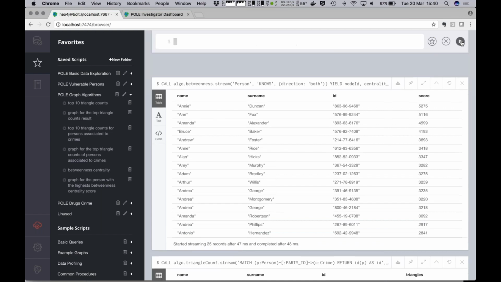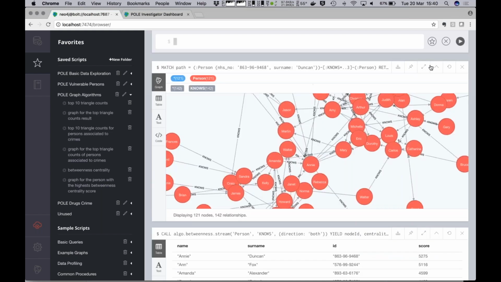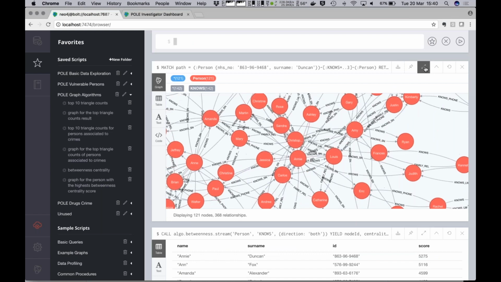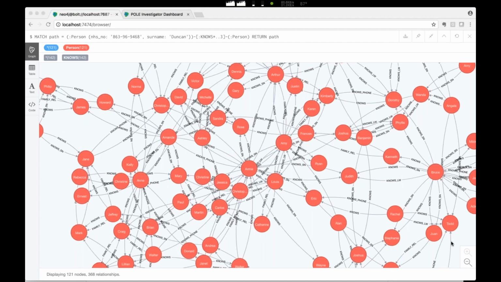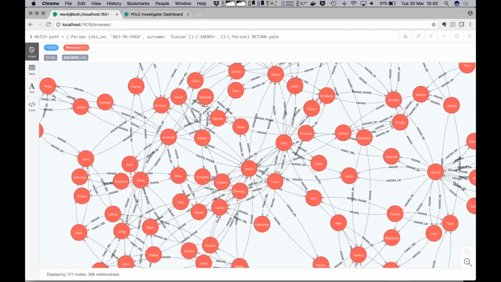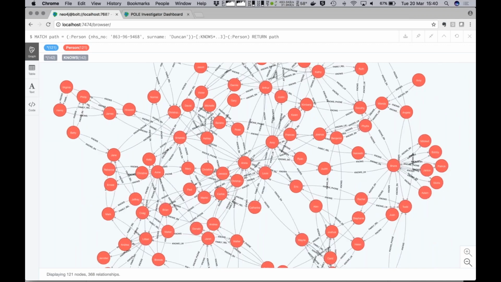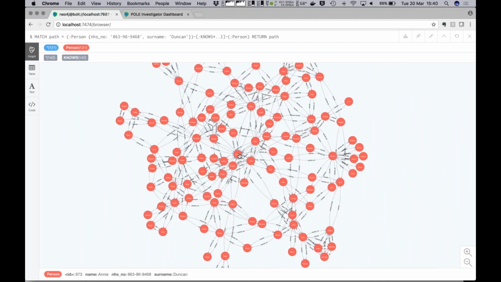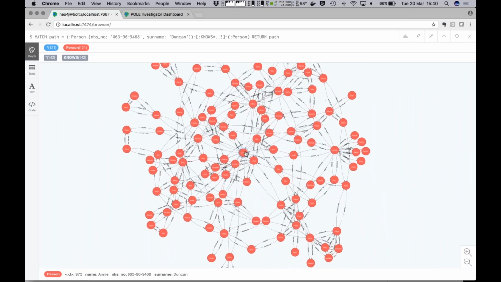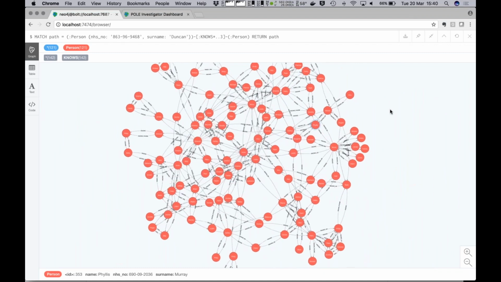And then if we take a look at the graph itself, I've only gone 3 levels out at this point, although the algorithm did run across the whole graph. To visualize the whole graph in one go on the screen is quite a difficult thing to comprehend, so it's a little bit easier with just 3 hops to get a sense. Here in the middle is Annie Duncan, who scored the highest in the results.